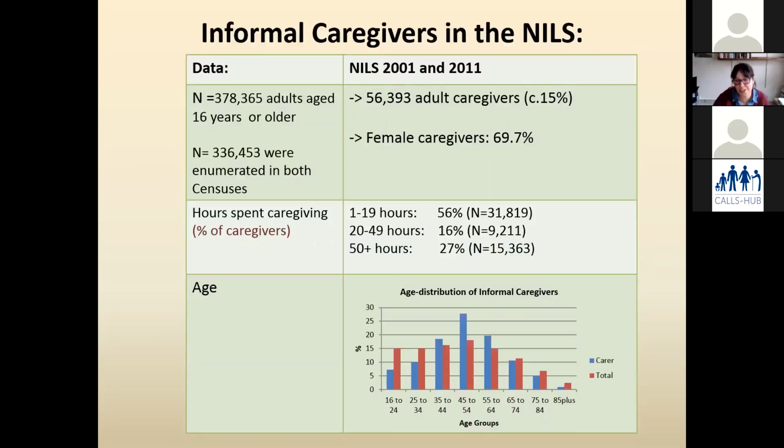We looked at the age distribution, and the vast majority is in the middle age cohorts, 35 to 50 and 50 to 65, and only 17% are young caregivers aged 34 or younger.